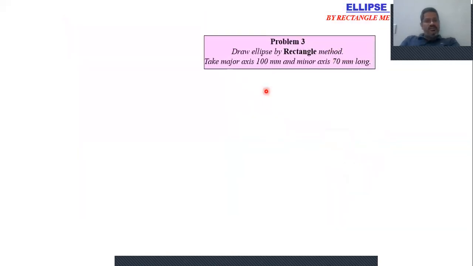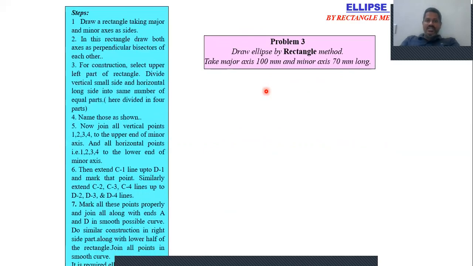Okay. So now let us see how to draw an ellipse by rectangle method. As of now, we have seen the general method to draw the ellipse, and the second method we have seen is the concentric circles method. Now we will see draw an ellipse by rectangle method, taking major axis as 100 mm, minor axis as 70 mm long.